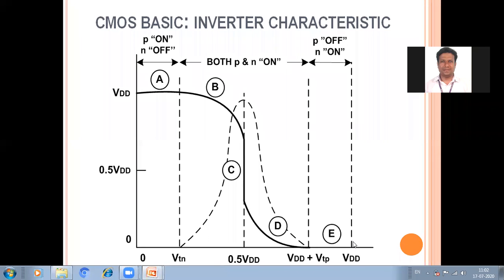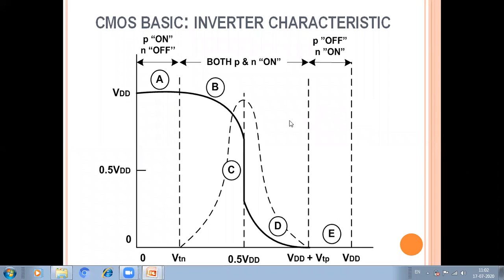Ideally, we know the operation of the CMOS inverter. It is very simple: when we apply 1 to the CMOS inverter, its output should be 0, and if we apply 0 as input, its output should be 1, right?